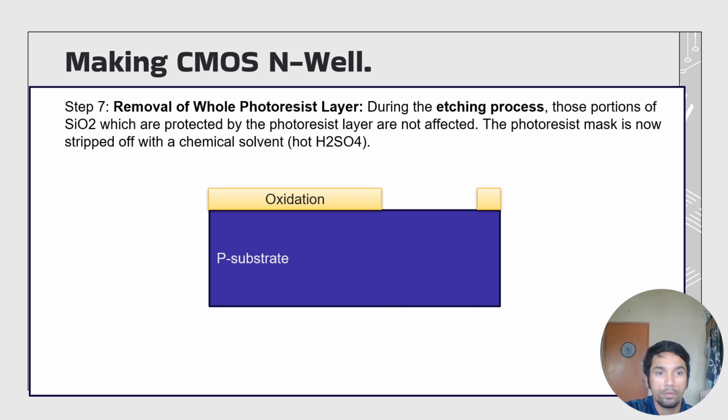Step number 7 is the removal of the whole photoresist layer, in which, after the etching process, the photoresist mask is stripped off with a chemical solvent of hot sulfuric acid.